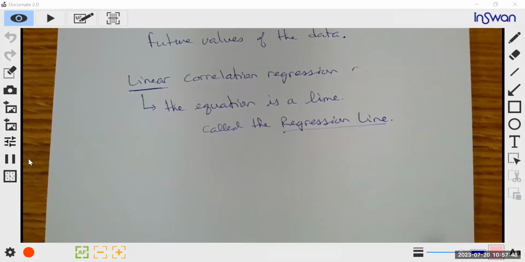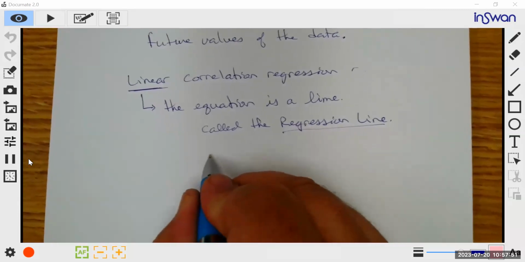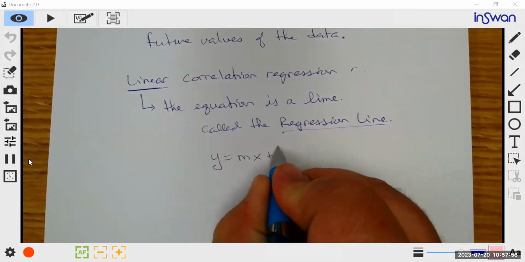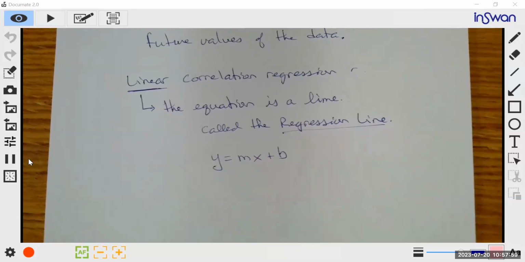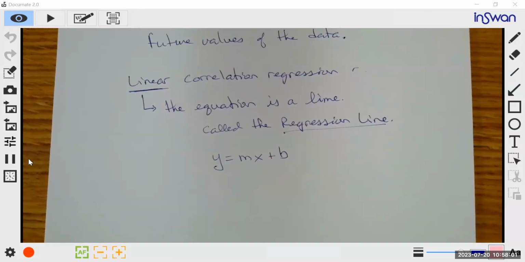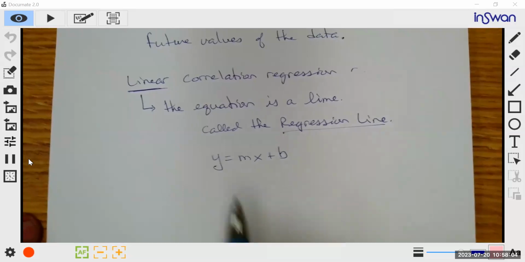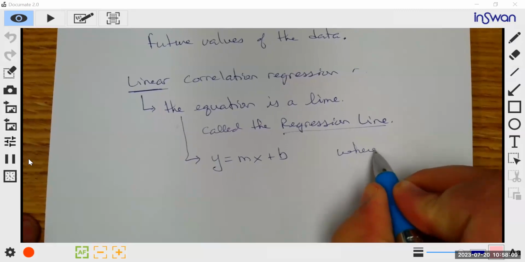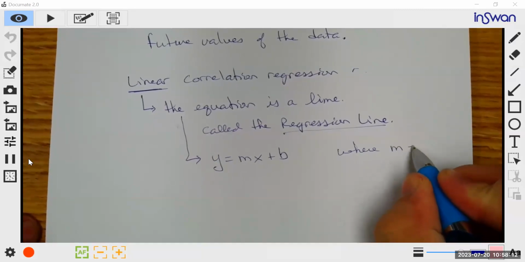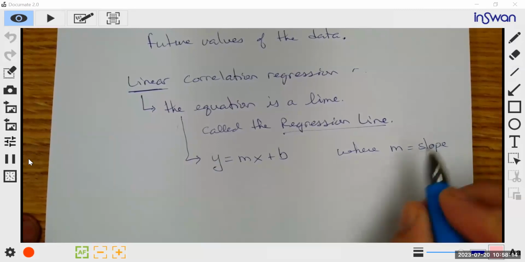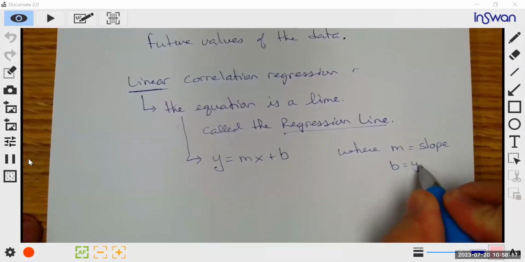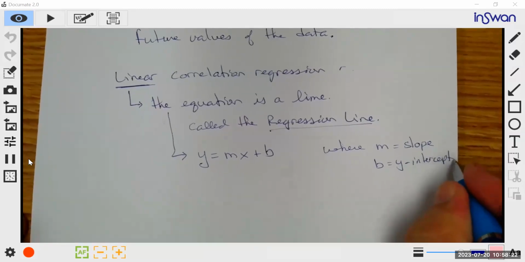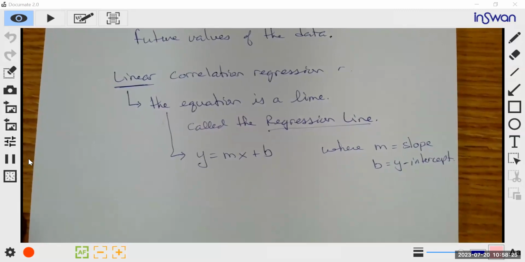Remember the equation of a line from algebra? What is it? Very good. Y equals mx plus b. That's the equation of a line, where m is the slope and b is the y-intercept, or where it crosses the y-axis.